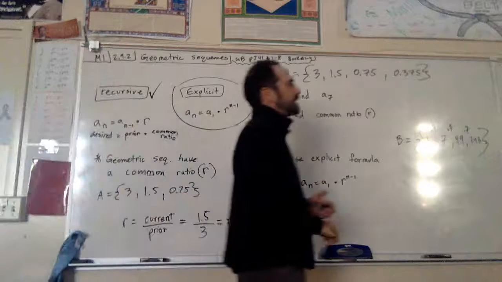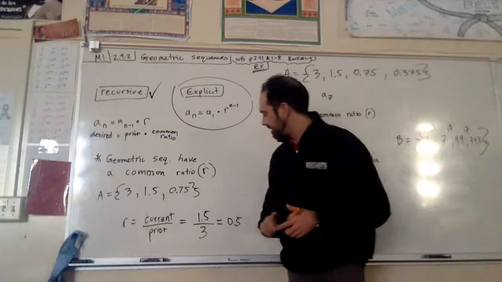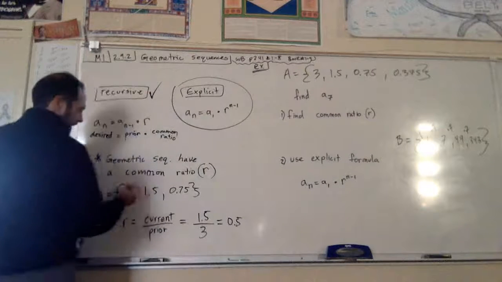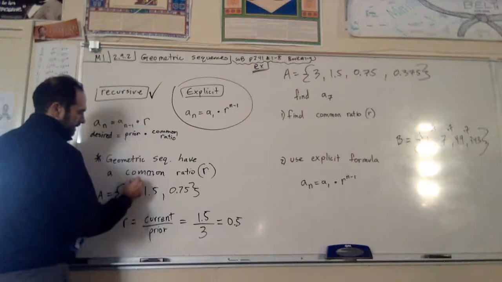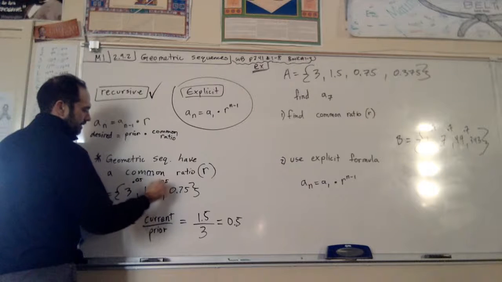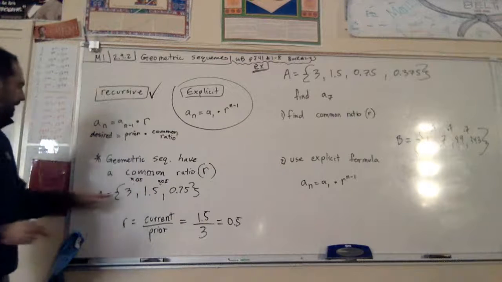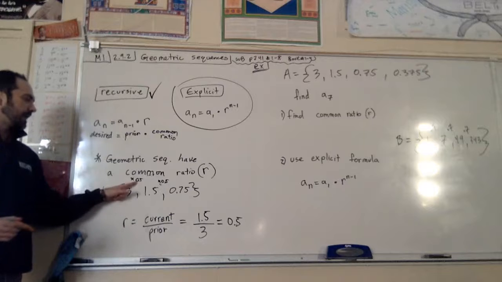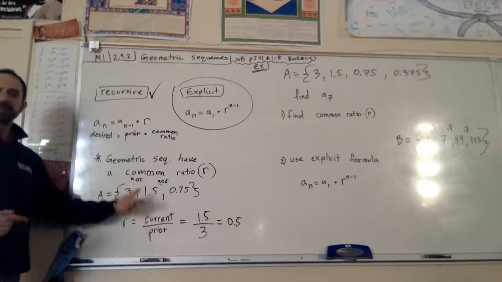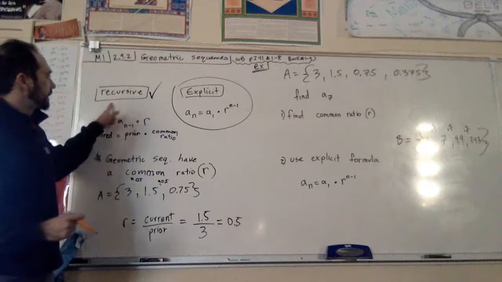So you just got to remember the common ratio set up like that. So the ratio between these is to multiply by 0.5. So we look at 3 times 0.5. 3 times a half is half of 3, 1.5, and so on. Okay. So common ratio and recursive, we already did.